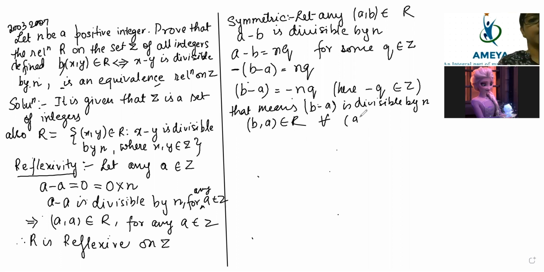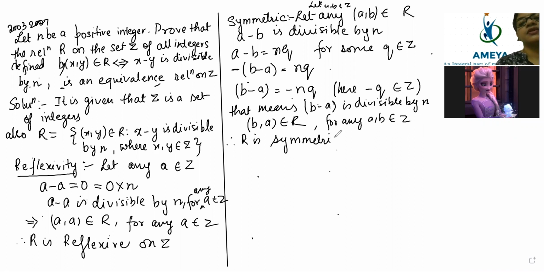I have not written here AB belongs to Z integer. For any AB belongs to integer. Here you write AB belongs to integer. Or for any AB belongs to integer. Therefore, R is symmetric on Z.